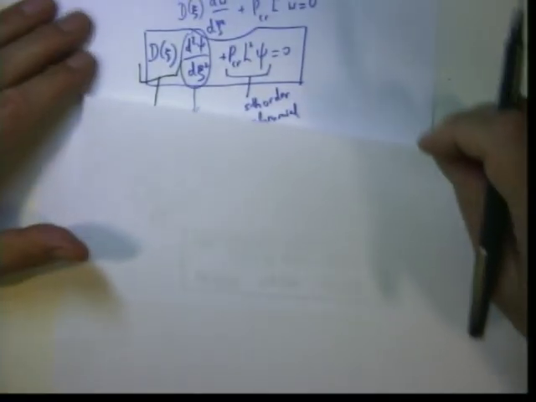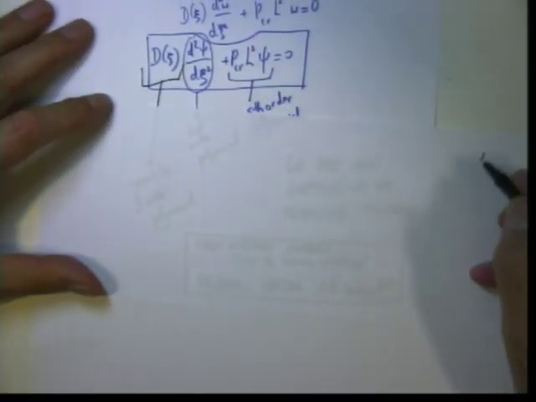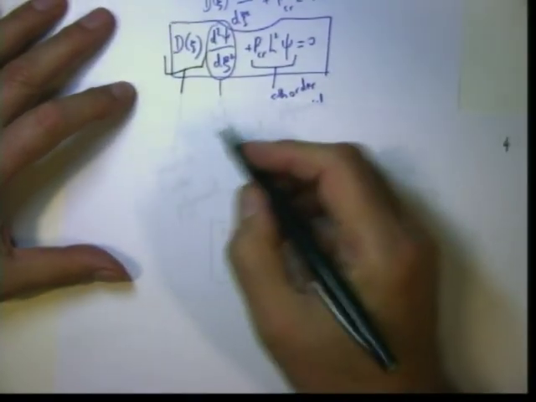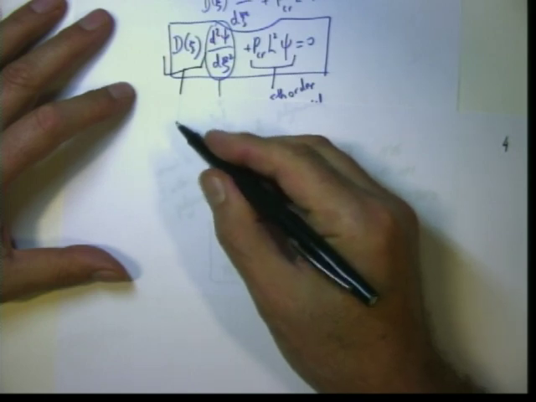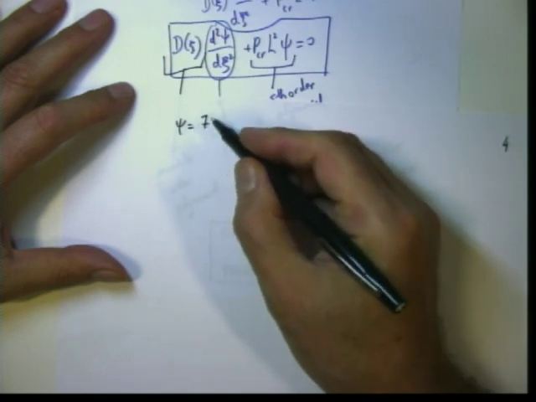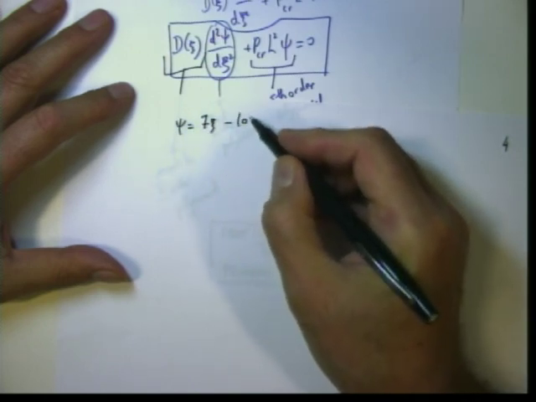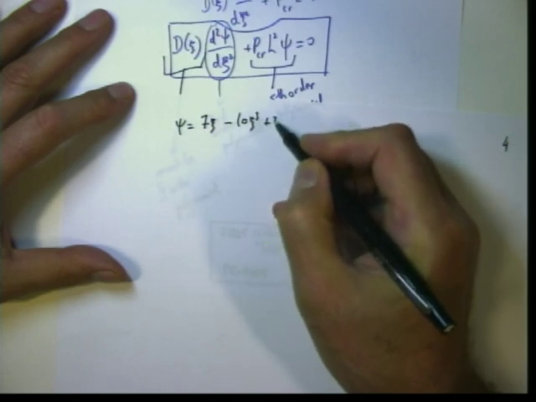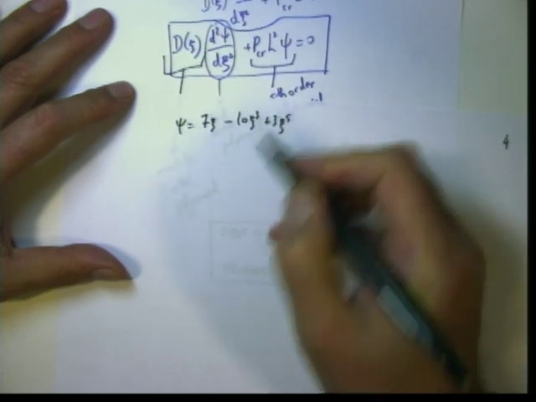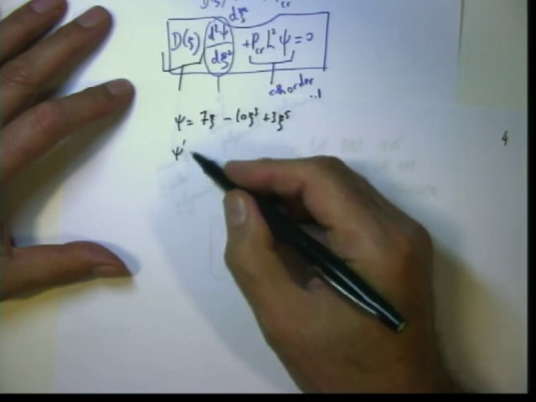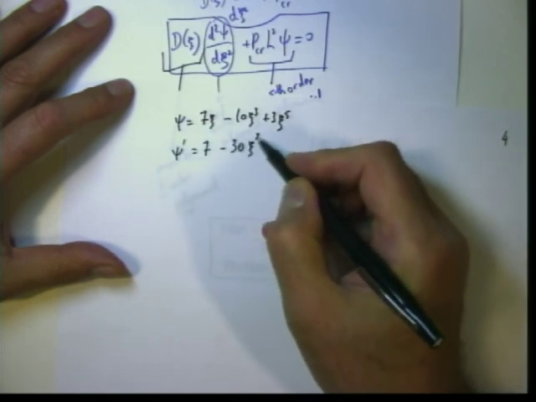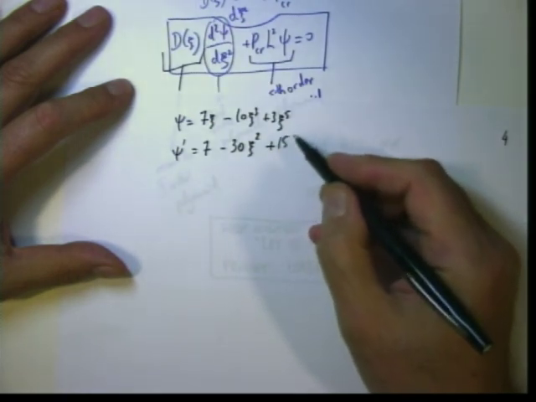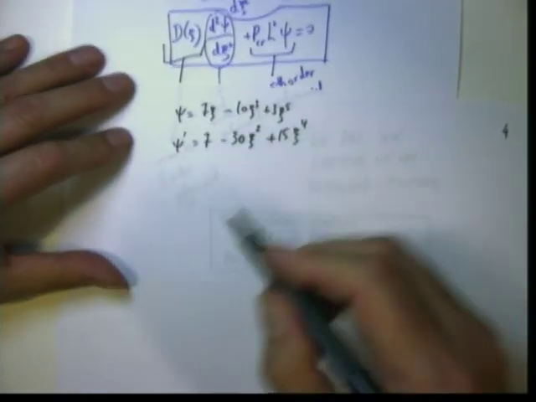Okay, so let us now deal with this. So phi, I will rewrite this phi. So phi equals 7 psi minus 10 psi cubed plus 3 psi in 5th power. I calculate phi prime equals 7 minus 30 psi square plus 15 psi in 4th power.